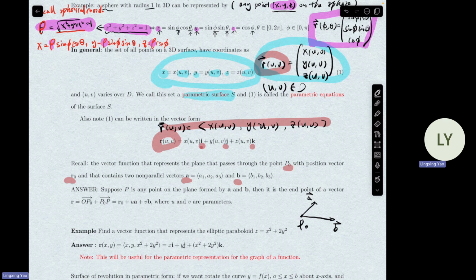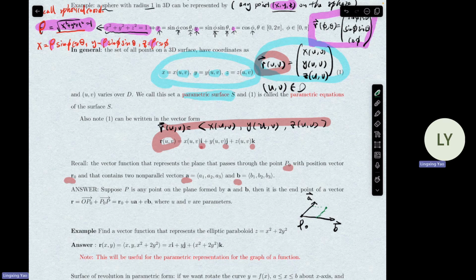Okay, so here we can see any point inside of this plane spanned by those two vectors A and B could be obtained by doing this.